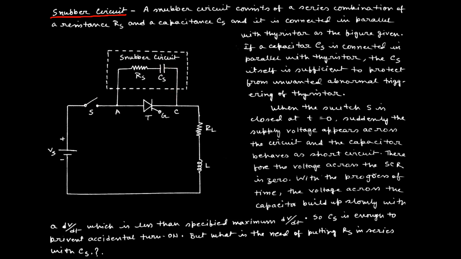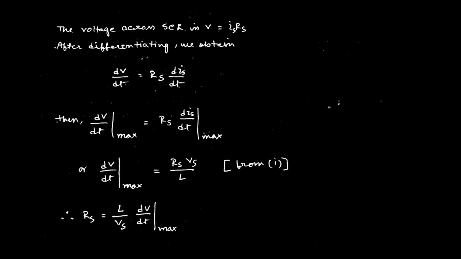So the voltage drop across Rs is Is into Rs. In this way, we can say the voltage across the snubber is V equal to Is Rs.